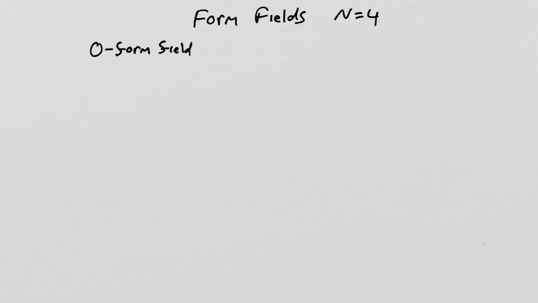A zero form field is going to be some function of the coordinates, where this function is a real valued function. So instead of the zero form being just a real number, it's now a real valued function on the spacetime. That's what makes it a field.